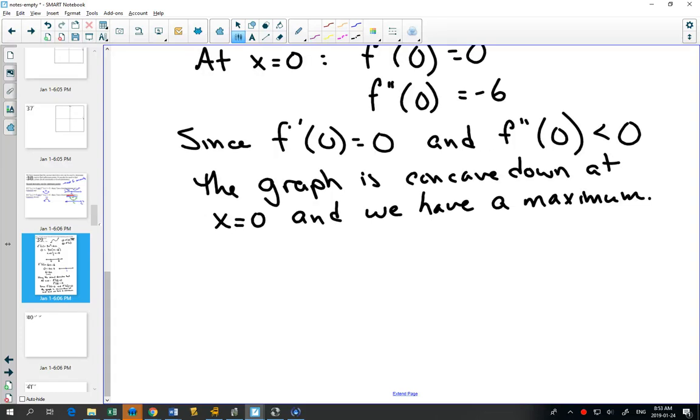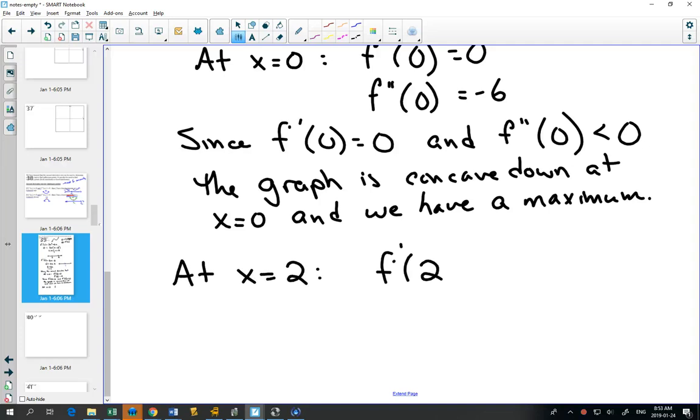We can do the same thing at x equals 2. We know that f prime of 2 is equal to 0. We can go to our second derivative and plug into 6x minus 6. Our second derivative would be positive.